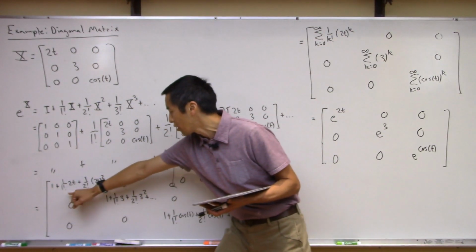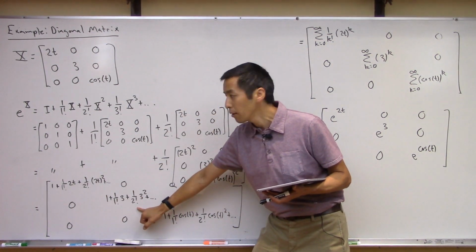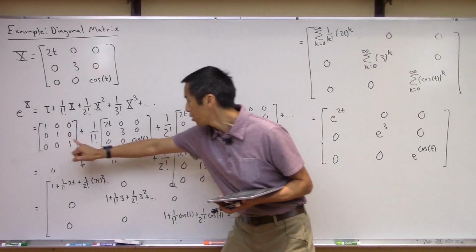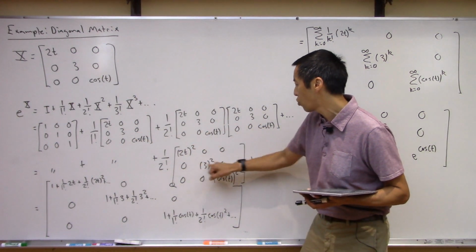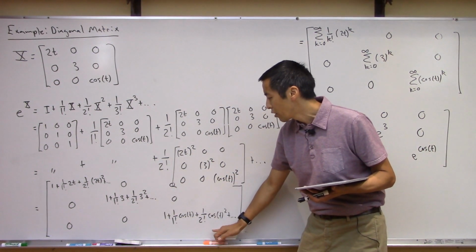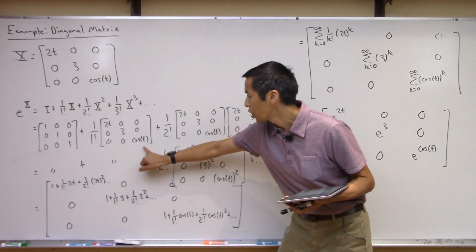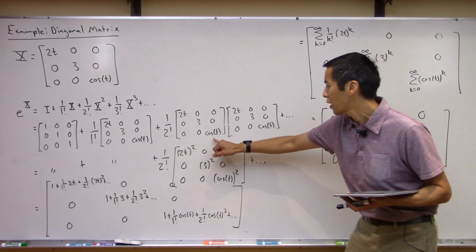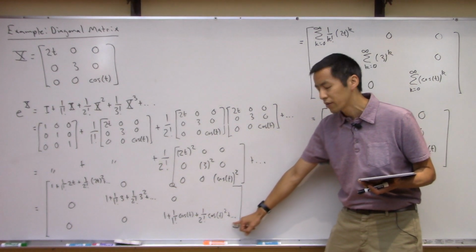Then zeros, and in the 2, 2 element, you also pick up the 1 from here, the 1 over 1 factorial 3, the 1 over 2 factorial 3 squared, etc. And same thing down here, and you get a bunch of zeros until you end up with the 3, 3 element where you pick up the 1 over 1 factorial cosine t, the 1 over 2 factorial cosine t squared, the 1 over 3 factorial cosine t cubed, etc., right?